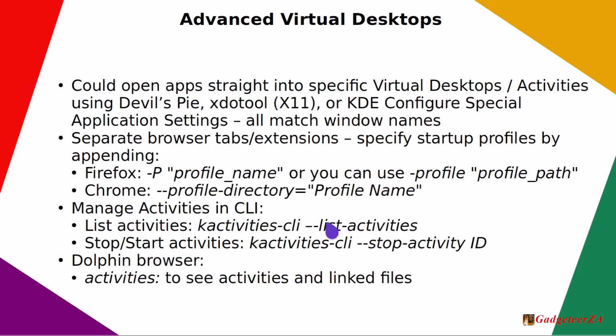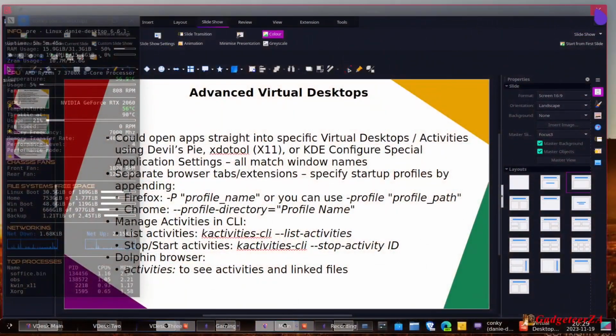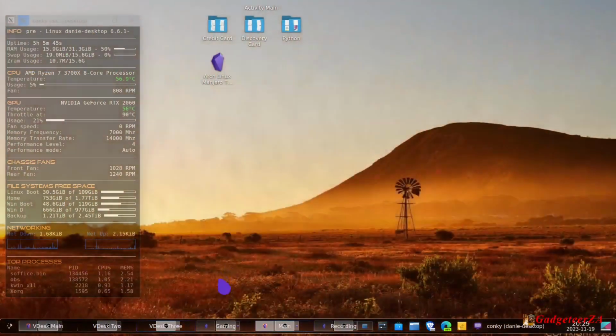I'll show that after I finish the slide. And then within the Dolphin browser, you can also type activities: and you can see where the activity files are saved and their linked files as well, which is quite useful. So let me just come out of that and we can close this.